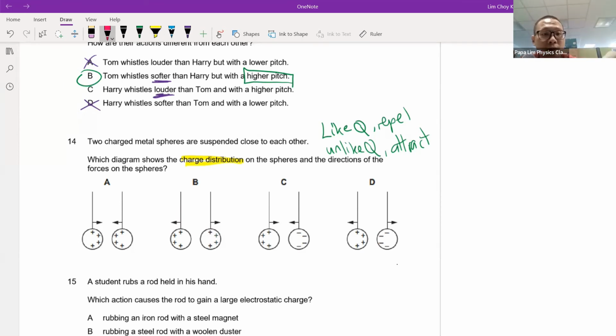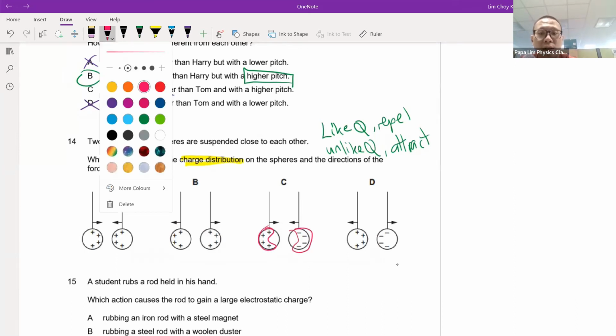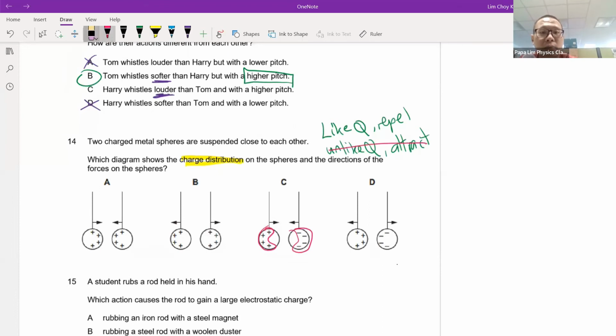First thing we look at is the distribution. For example, if it's positive charge on the right and negative charge on the left, because we know that unlike charges attract. So if you talk about the charge distribution, because of attraction, the positive and negative charges should be close to each other.